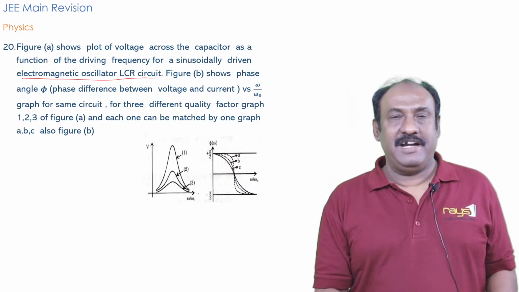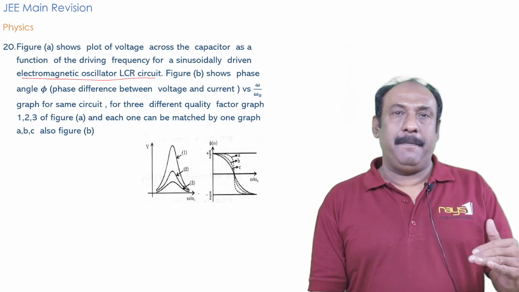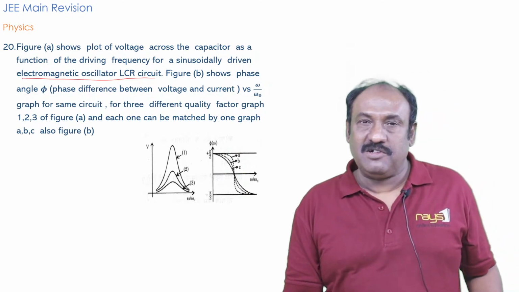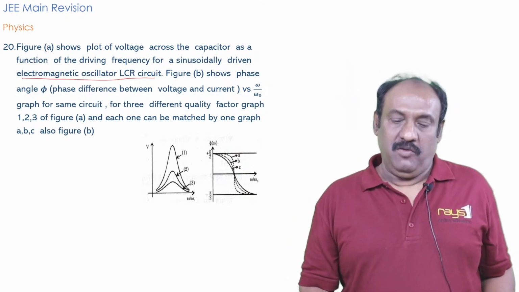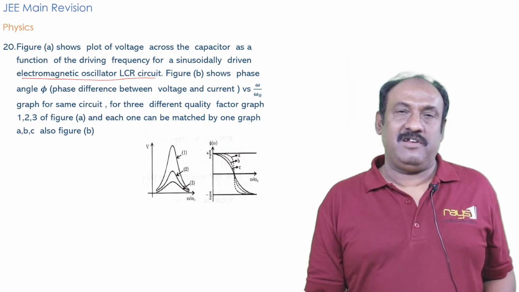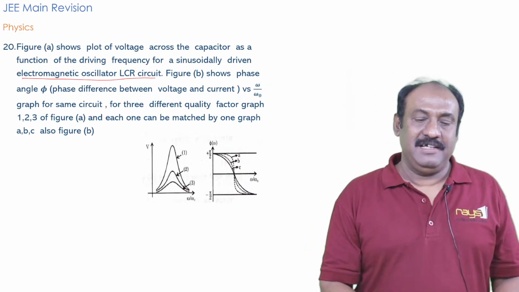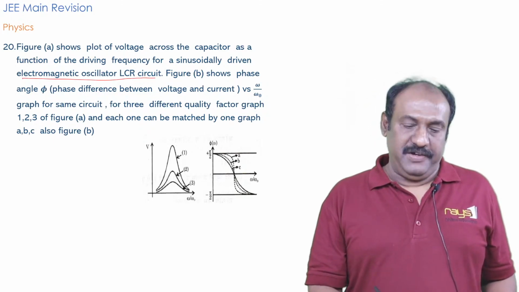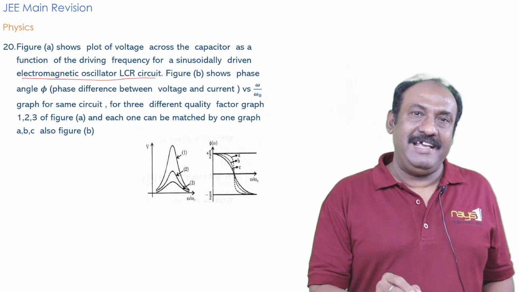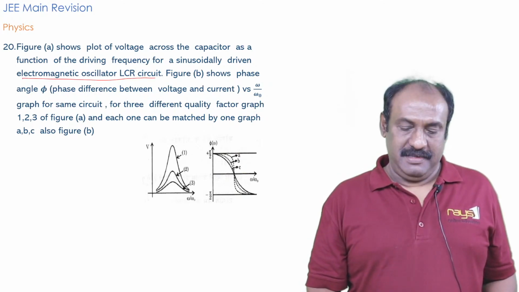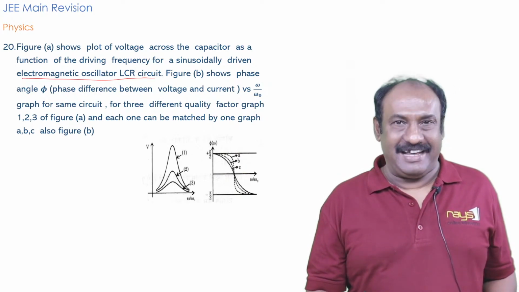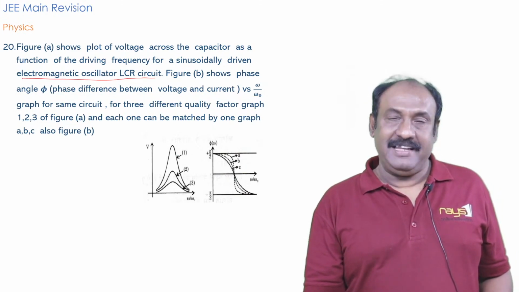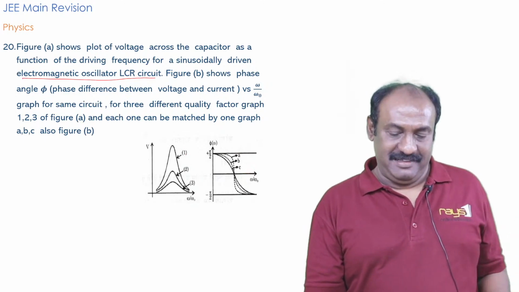For different values of applied operating voltages of the AC source in the LCR series circuit, the angular frequency is different for different applied voltages. If the graph is plotted with the voltage on the y-axis and omega by omega naught on the x-axis, for different values we get three graphs here, in cases 1, 2, 3.